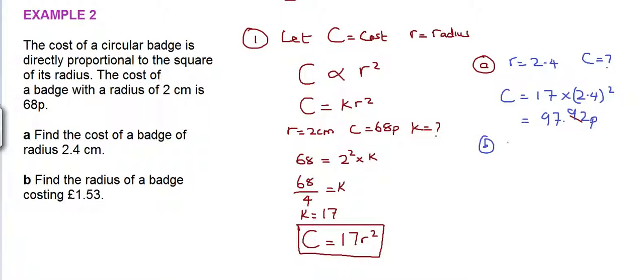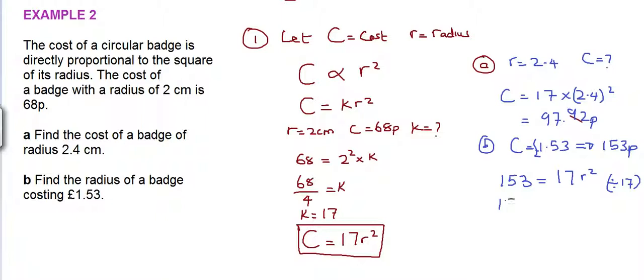Part B, we're given c equals 1.53 pounds. We need to convert that to pence. So we have 153p. So 153 equals 17r squared. Divide both sides by 17 to have r on its own.